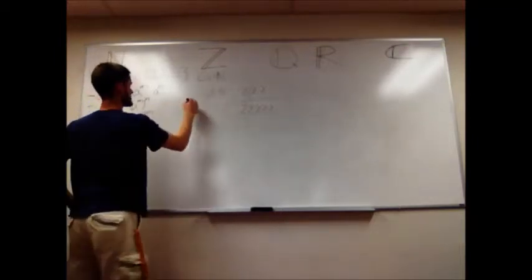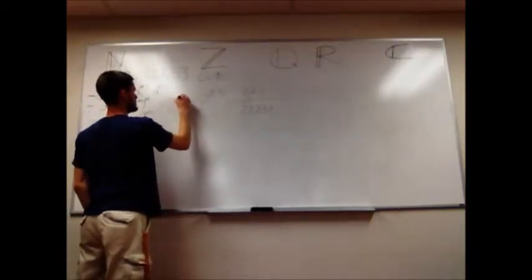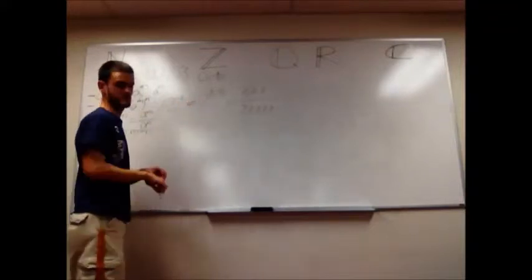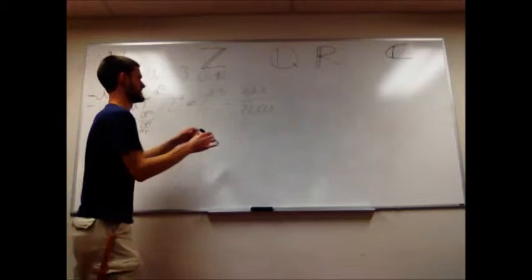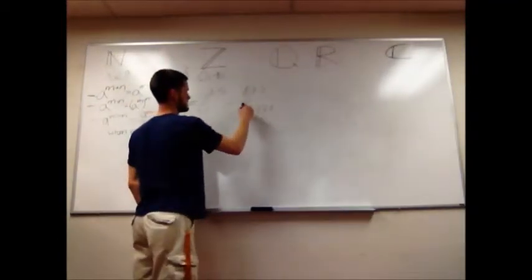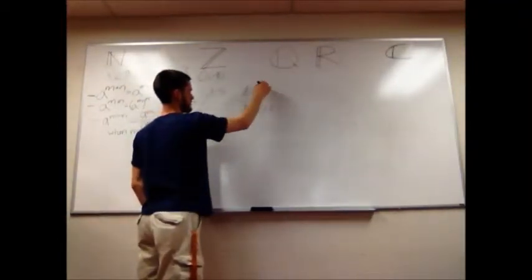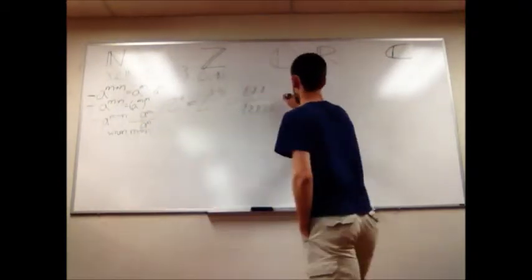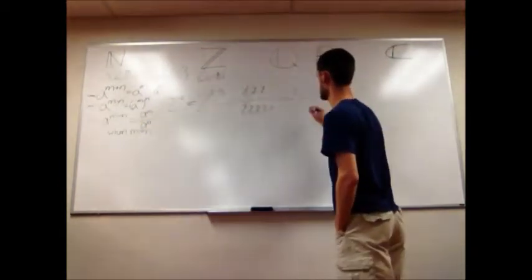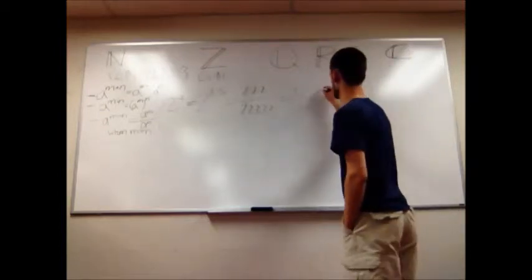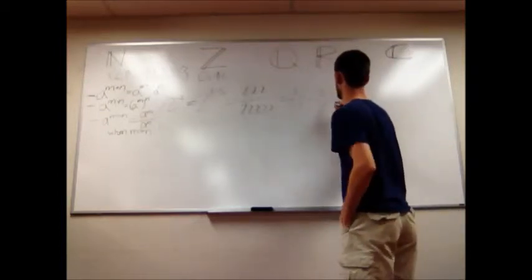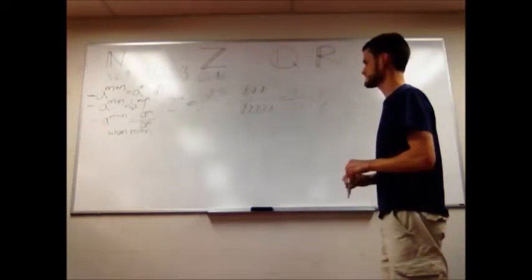We know what this equals. This is going to be 2 to the negative 2, since 3 minus 5 is negative 2. And what's that going to need to mean then? These are going to cancel, so we're left with 1 on top, and we have 1 over 2 times 2, or 1 over 2 squared.